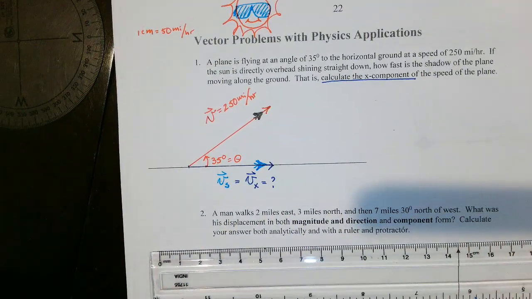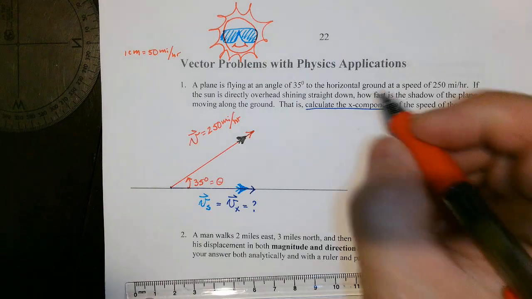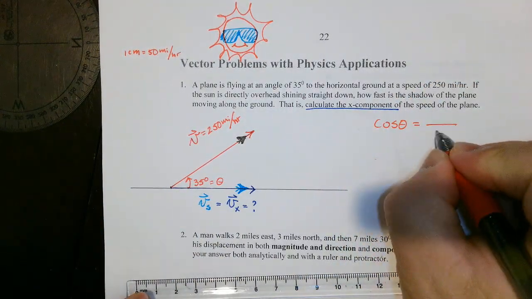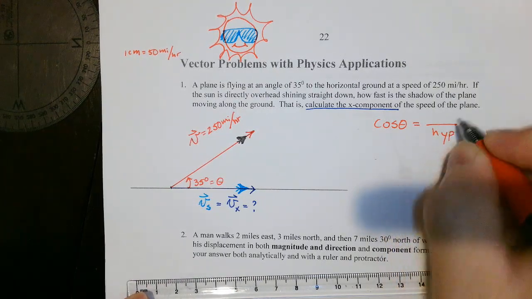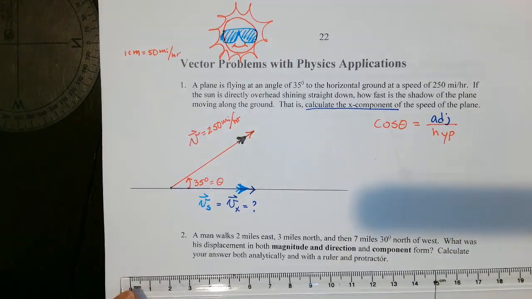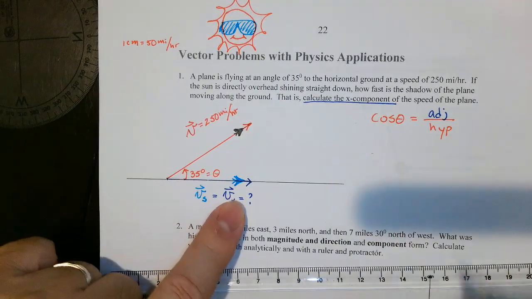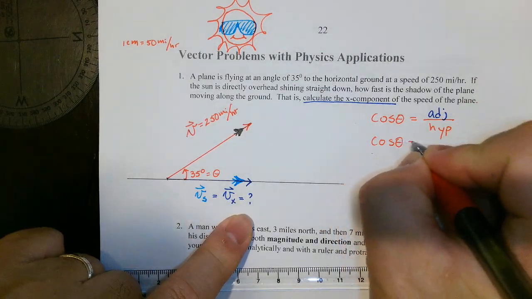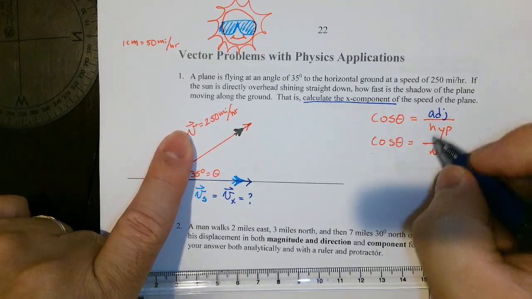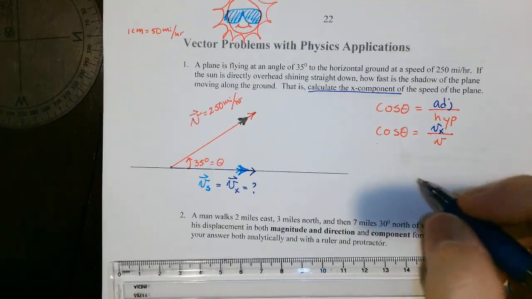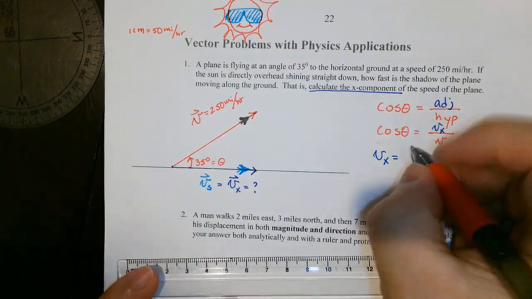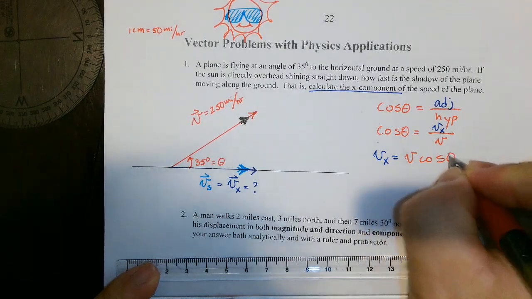So you could probably use cosine. Cosine of theta is equal to adjacent over hypotenuse. The adjacent is the Vx, and the hypotenuse is V. So we can calculate the Vx. Vx is equal to V times cosine of theta.